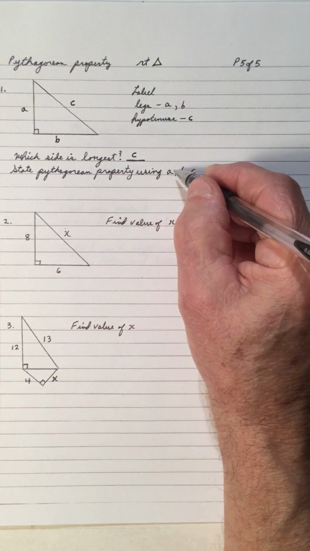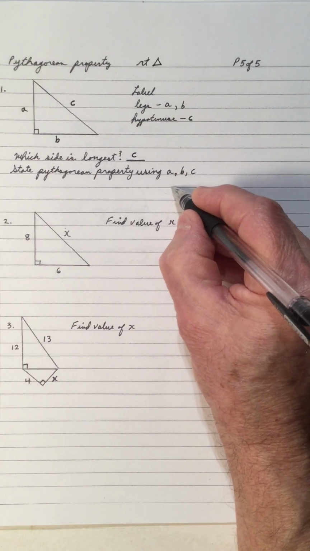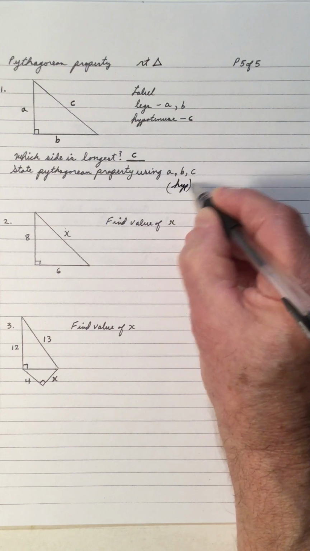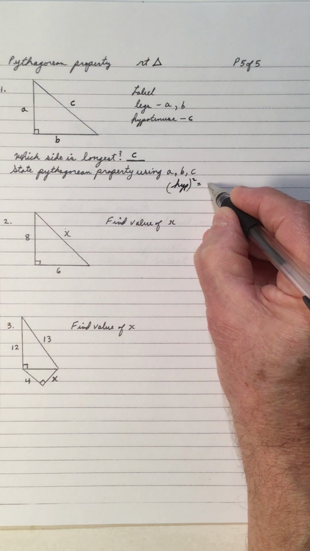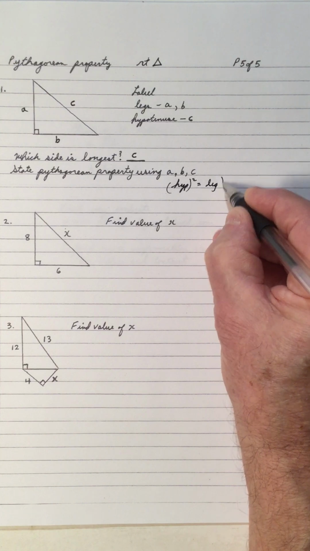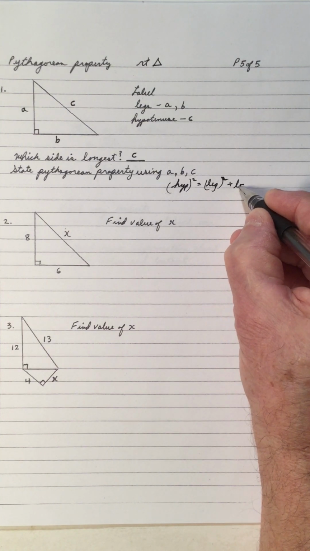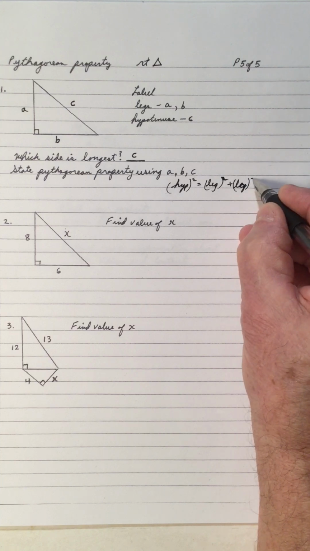State the Pythagorean property using A, B, and C. The hypotenuse squared is equal to the leg squared plus the second leg squared.